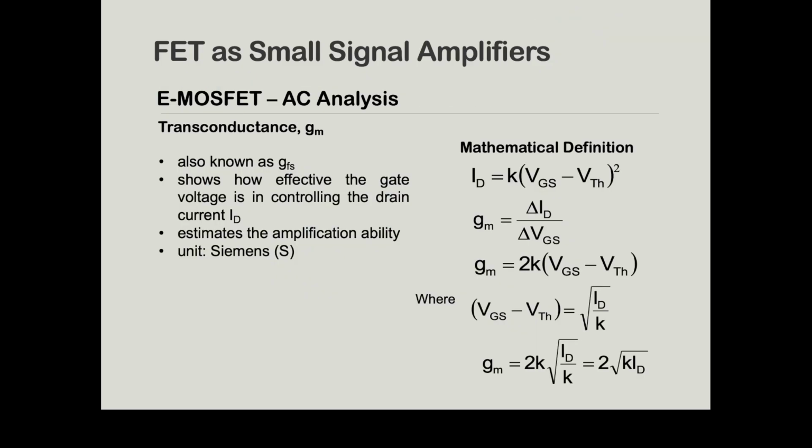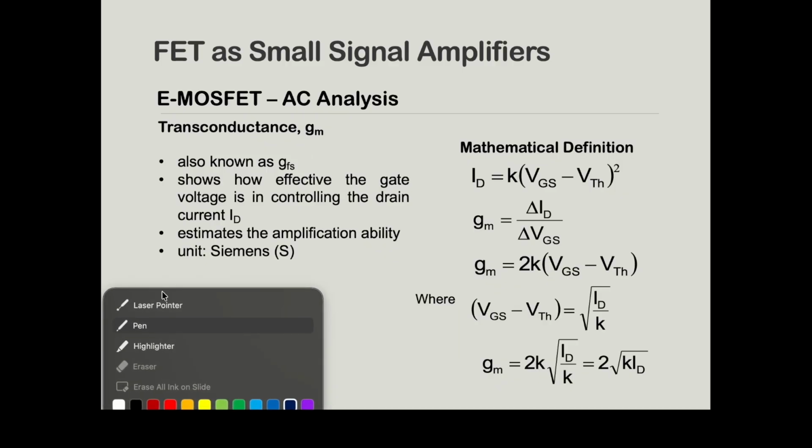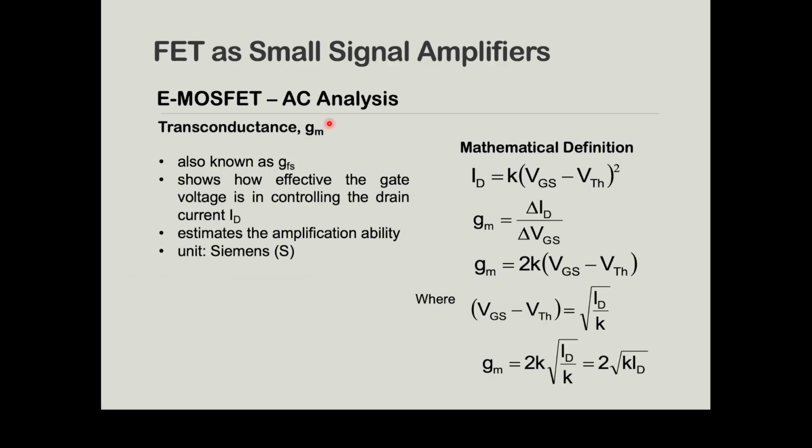Next, here are the mathematical formulas that you need to remember for the AC analysis of MOSFET. So what is GM? As we have learned in BJT, GM is the transconductance, and in some reference books you might find it written as GFS, but it is actually the same.